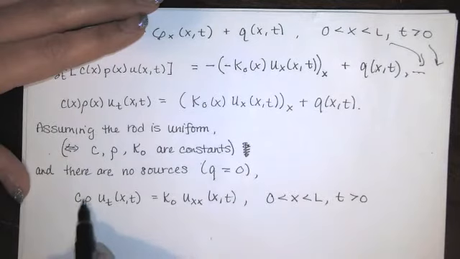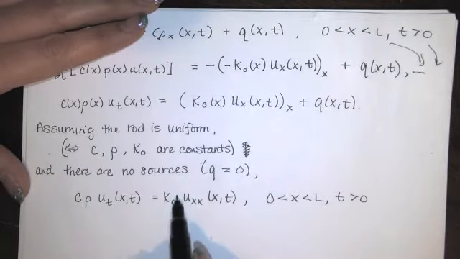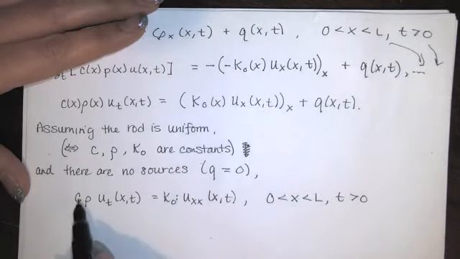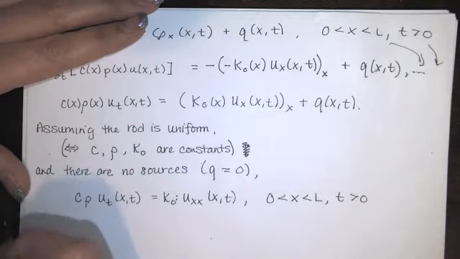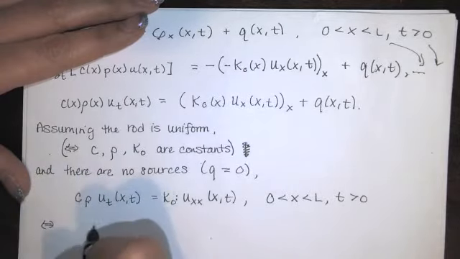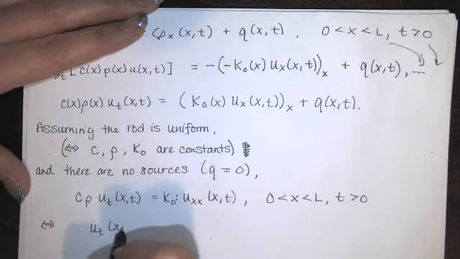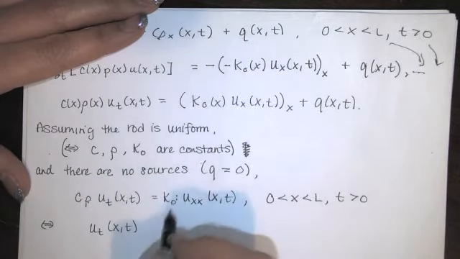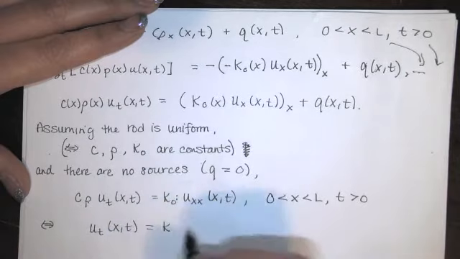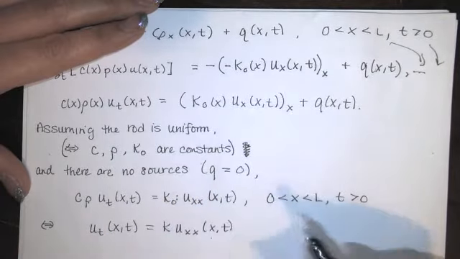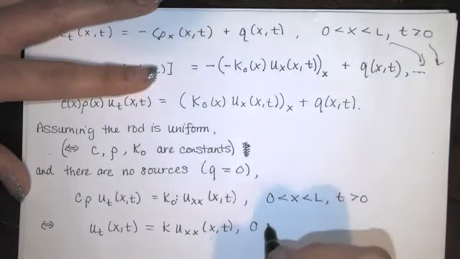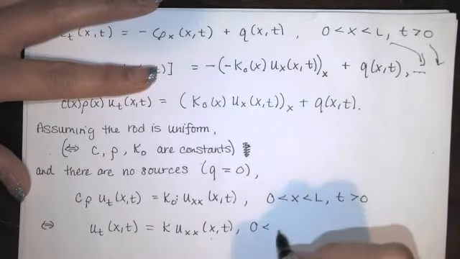And if you want to, you can take this kappa sub 0 divided by that specific heat times the density, and you can group them all together into one constant. Dividing by that and then calling that new constant k, we have this. And this is the typical form of the homogeneous heat equation.